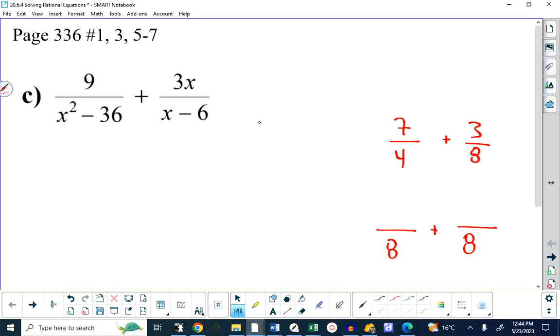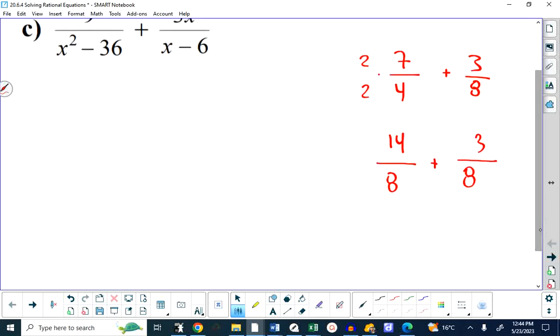Since 4 is included as a factor in 8, we don't need to do something silly like use 32. Some people will go, oh, 4 times 8 is 32, that's the common denominator. You don't do that. You would multiply the top and the bottom by 2 to get 14 eighths plus 3 eighths. And then you can say, that's 17 eighths.